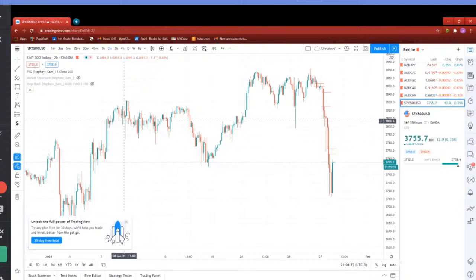So now we're consolidating. We got a lower low, a higher low, a lower low, a higher low. With a break of market structure, we need to take out the lows, the most dominant low of the swing. Remember I taught you guys swings? A swing high is from the high to the low to the high, and a swing low is from the low to the high to the low.